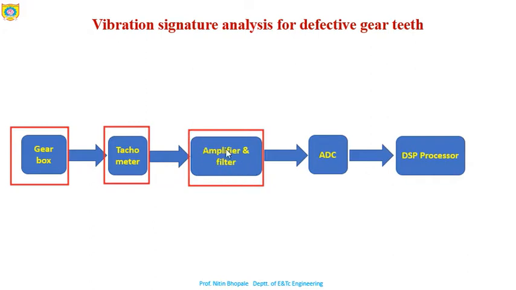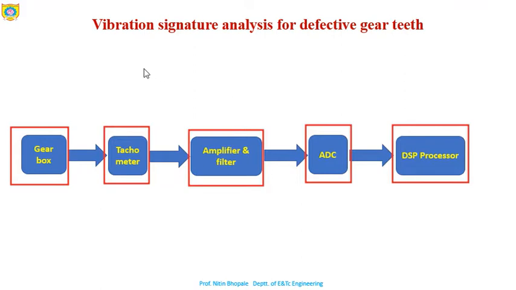This is the section which will work for the ADC, because the amplification of this small signal will be done over here, as well as the filtering of that signal. Next, once that filtering is done, the signal will be applied to the ADC block, that is the analog to digital converter. After that it will be applied to the DSP processor so that the signal will be processed over here and stored as required.